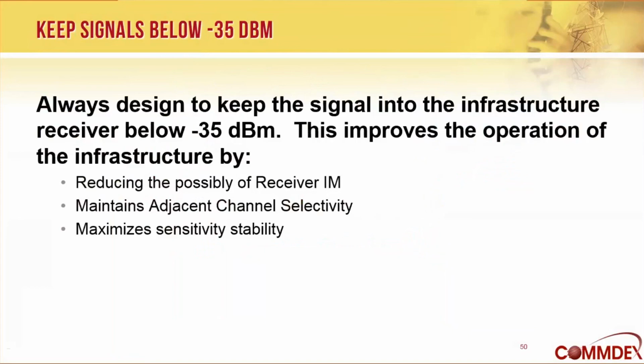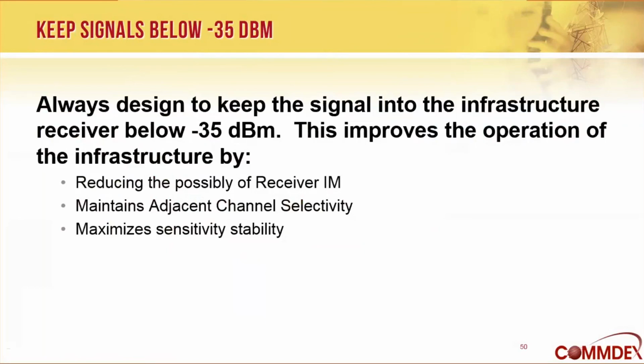So some of the design rules that we use: try to keep the signal into the infrastructure receiver below minus 35 dBm. This is a rule of thumb. Anything higher than that is typically going to desensitize the receiver, and so it will increase the possibility of intermod and cut down on the sensitivity. So we want to keep our receive signals below that.